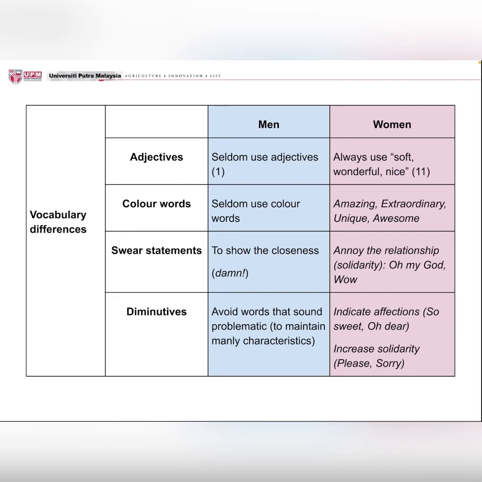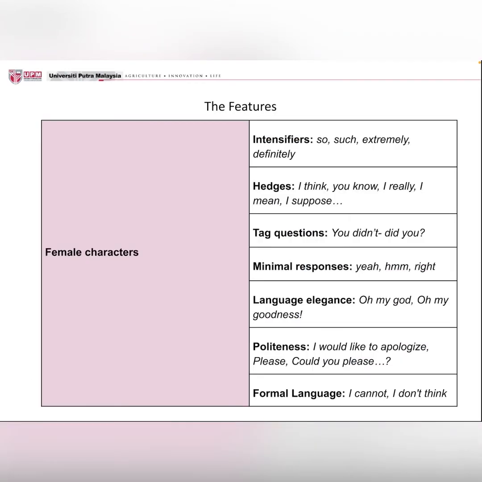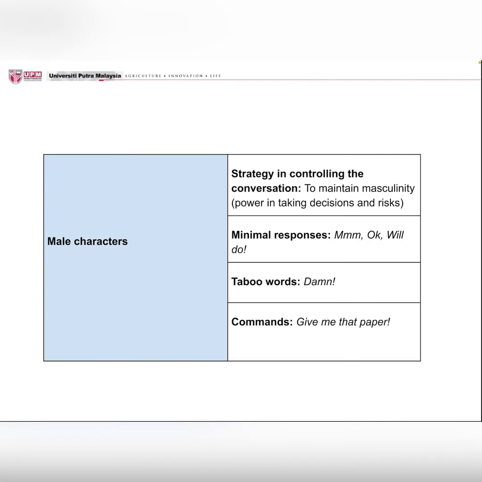So these are the common features that we can see around us, especially when we are interacting with our friends or classmates. Let's go in depth about the features of female and also male.